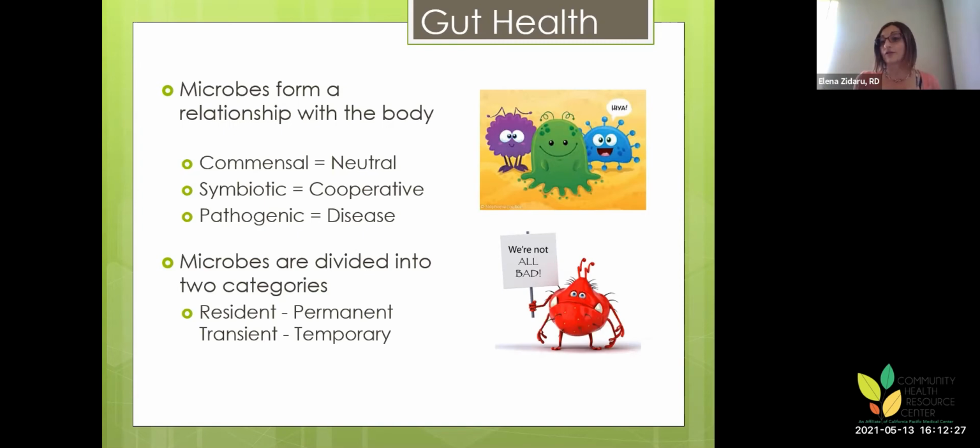And then we have the pathogenic, the bad guys, that when we grow too many of those in our body, that's when we can become sick. But basically at any given time, we have a combination of all those three. And then the microbes can be resident or permanent, or can be transient or temporary in our body.